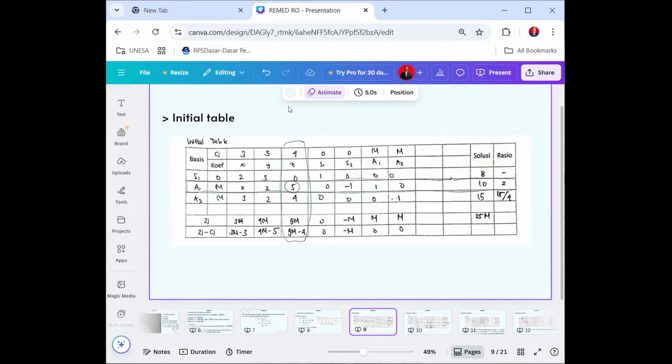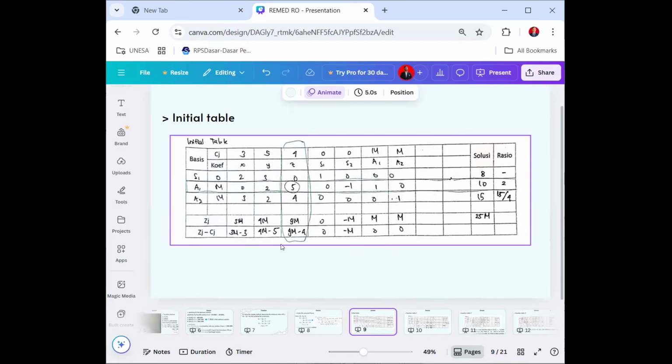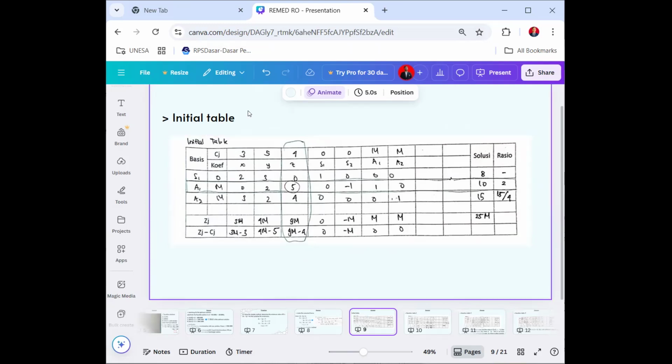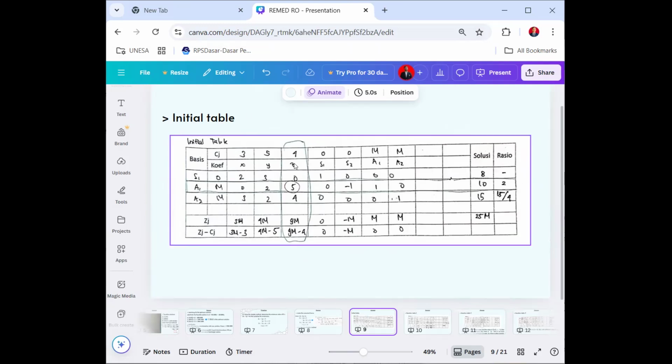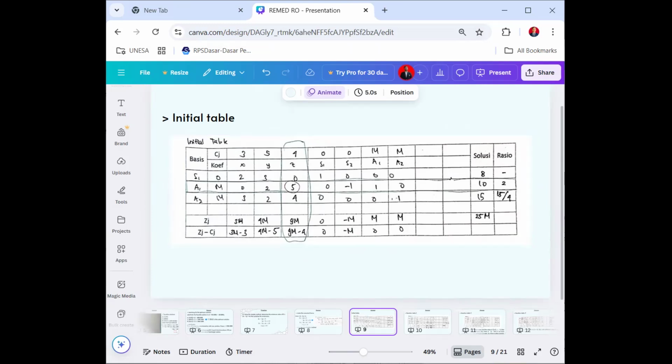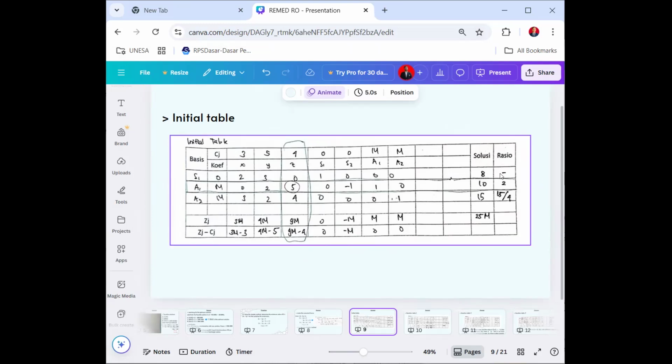After we choose this, we now will search for the K row. To find the K row, we need the smallest ratio, but not negative.